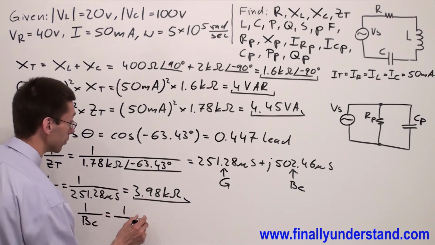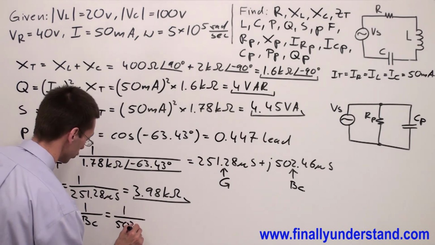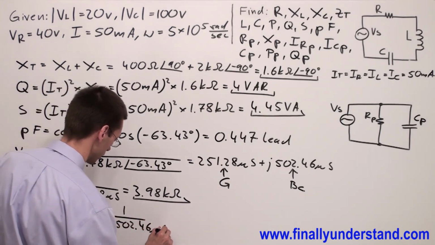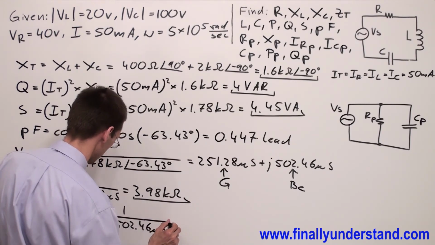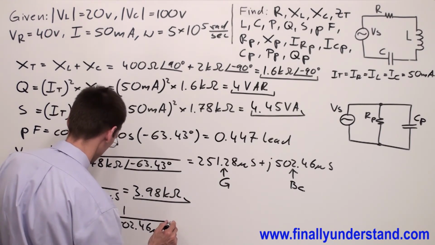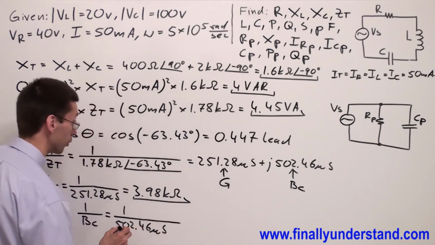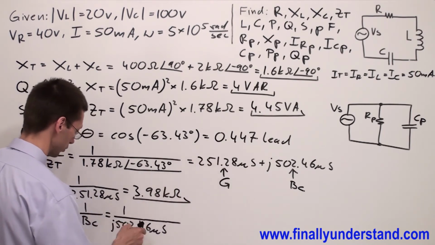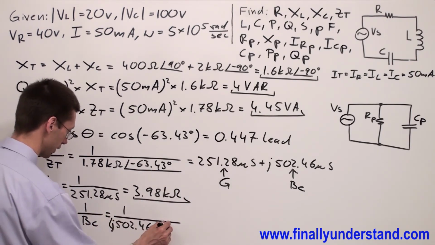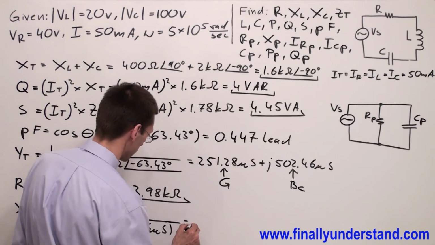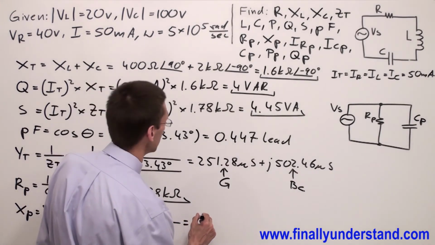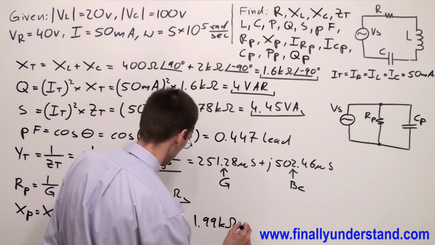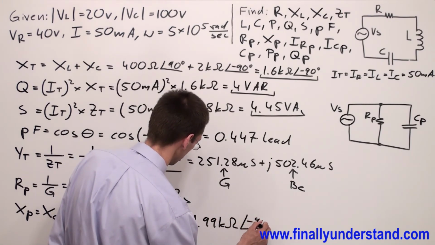So 1 over 502.46 microsiemens, this is going with the angle of 90 degrees, or we can say with J, because we have J, I'm going to include J over here. Don't forget about the parentheses. This is equal to 1.99 kiloohms and angle of negative 90 degrees.